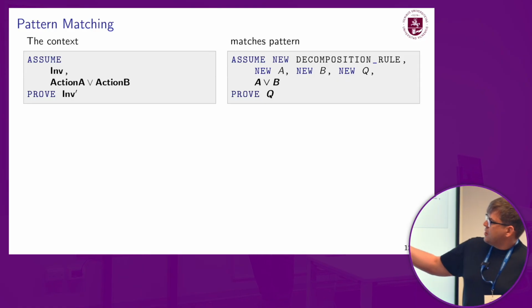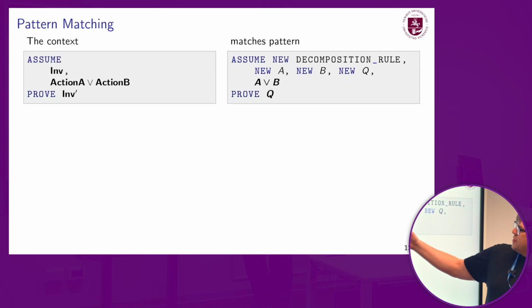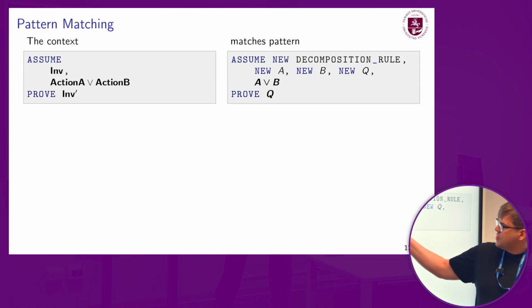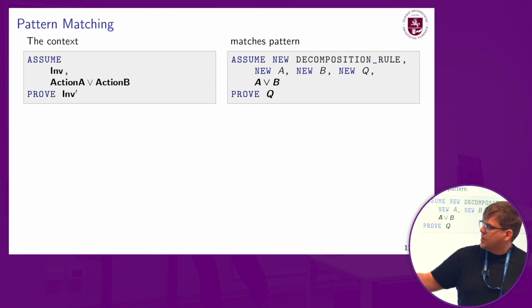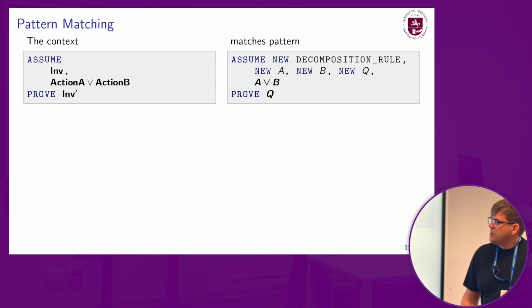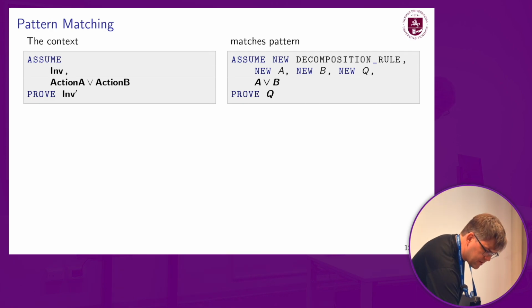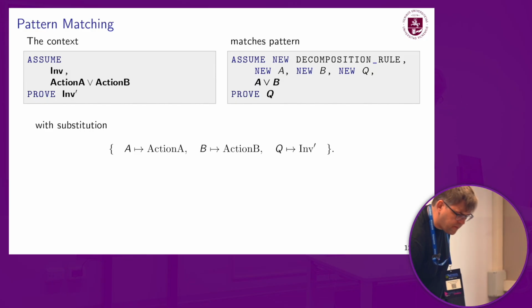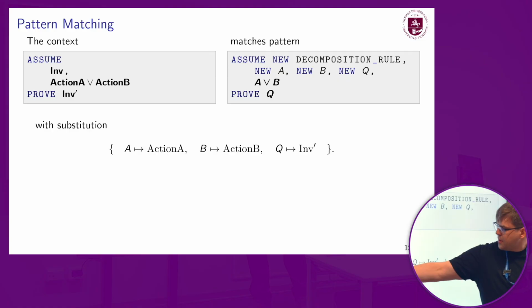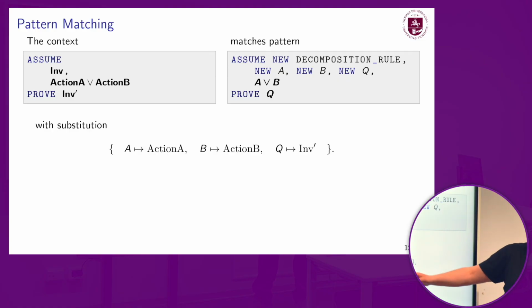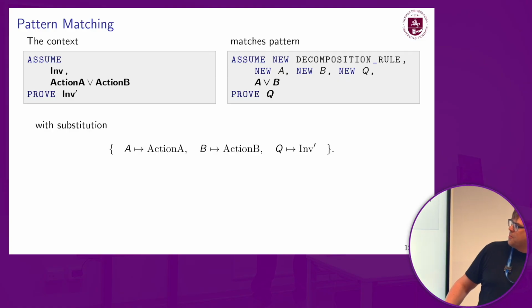And for the goal and all the assumptions here, which are the fact assumptions, we do pattern matching by syntax on the current context. The result of this is the substitution that A becomes action A, B becomes action B, and Q becomes invariant primed.